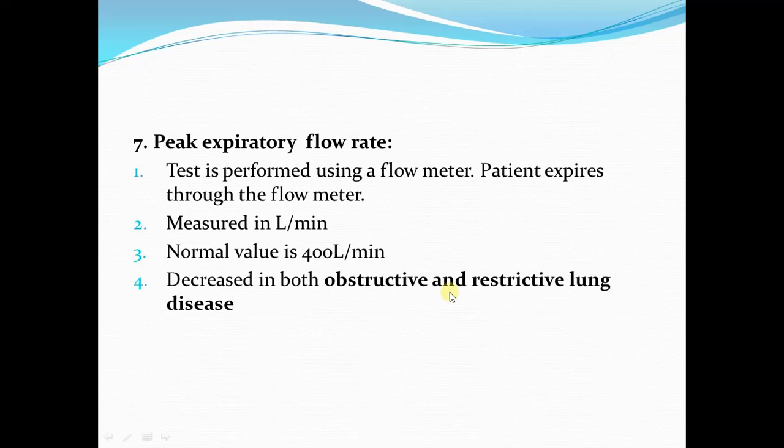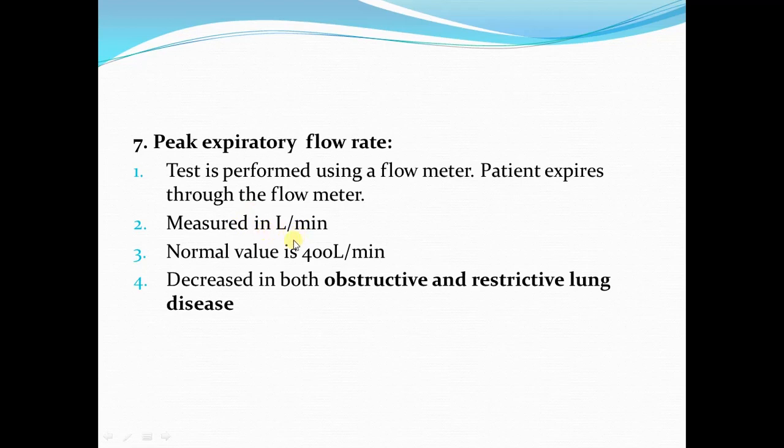So this test is performed using a flow meter called a peak flow meter, and the patient expires through it forcefully with maximum force. It is measured in liters per minute.